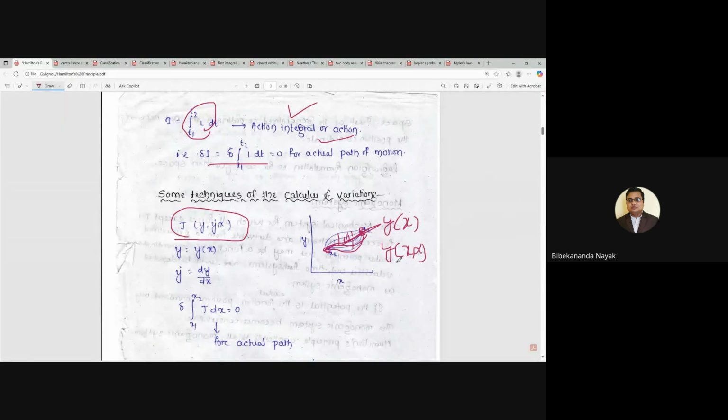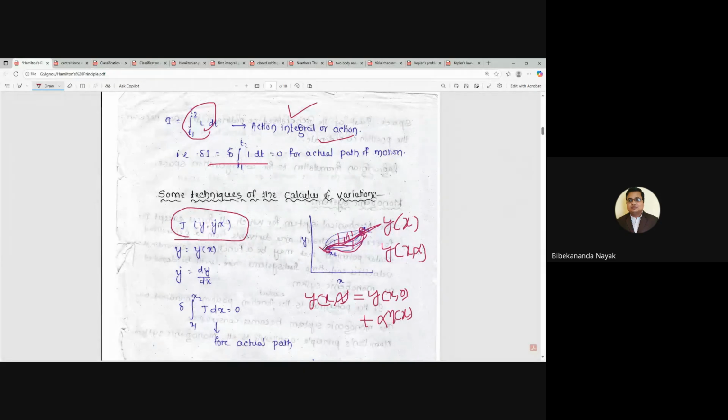Y(x, alpha) represents all paths. When alpha is equal to 0, it becomes the actual path. So we can define the set of paths as y(x, alpha) such that y(x, alpha) is equal to y(x, 0), which is the actual path, meaning y(x), plus alpha times some function of x, let's say eta(x).